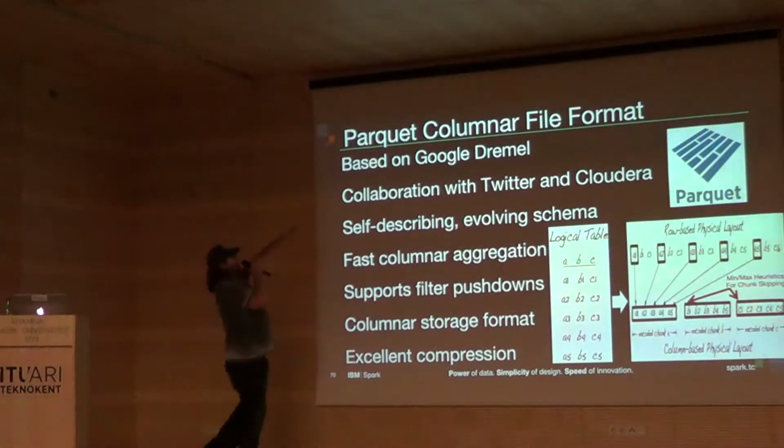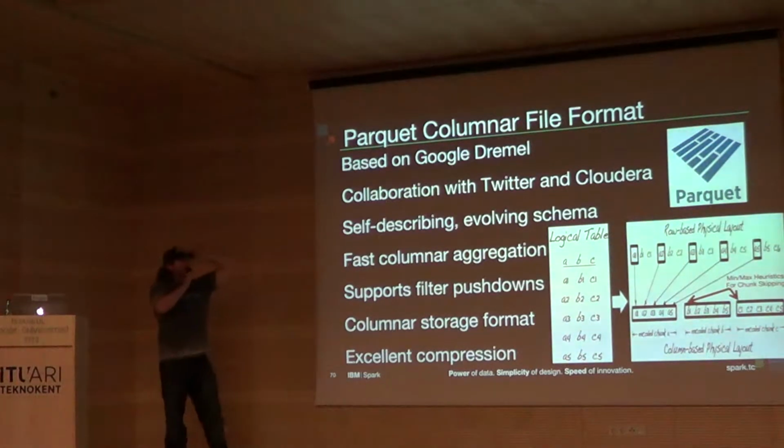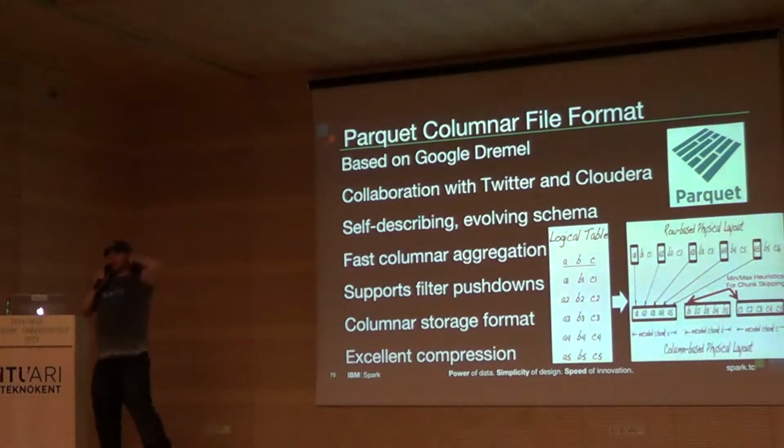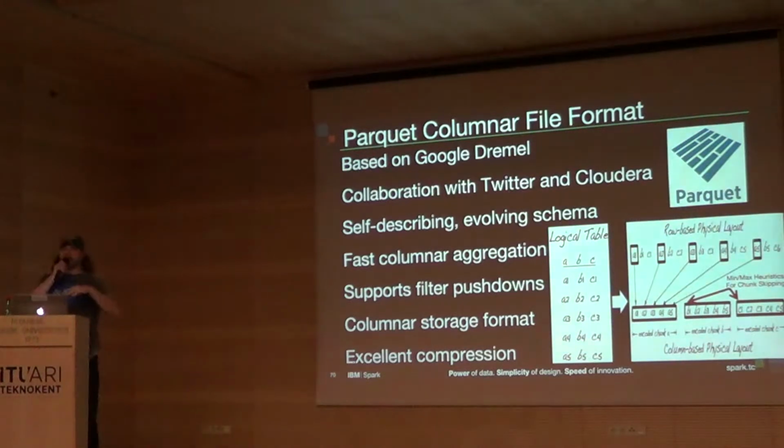So Parquet started off as a Twitter and then Cloudera collaboration. Twitter wanted this for space savings. They had a ton of data coming in and wanted a way to pack that data more tightly. And then Cloudera, for their Impala project, which is similar to Spark SQL, needed it too because they wanted to do faster aggregations.